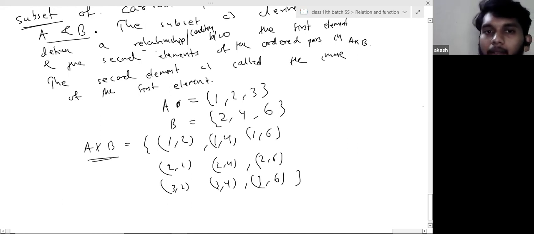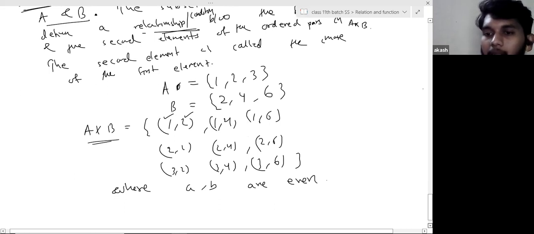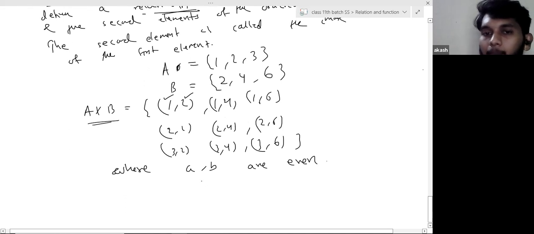And how do we calculate the subset? There is a condition or a relationship between the first element of the ordered pair and the second element of the ordered pair. The condition can be anything. Suppose I write where A and B are even. So this is a condition that both should be even.